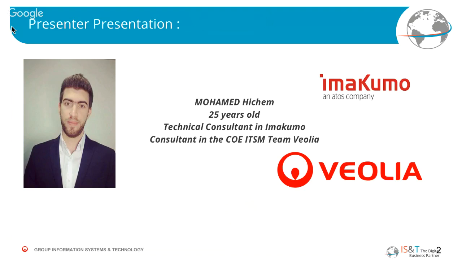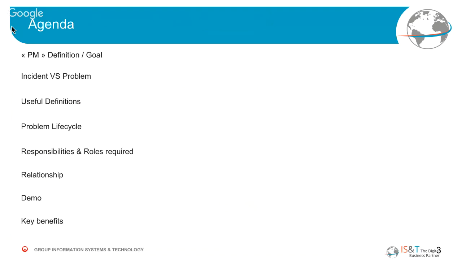So today I present for you the problem management module, starting with a detailed definition of problem management and its goal. After that, we will see together the difference between incident and problem. We will link this comparison with some useful definitions around problem management, of course.